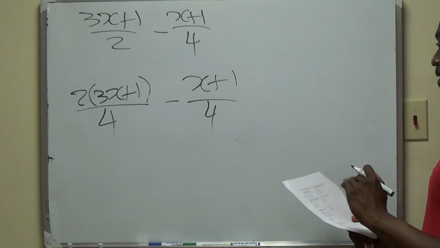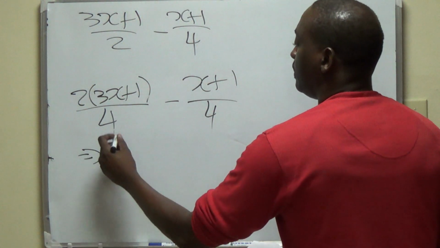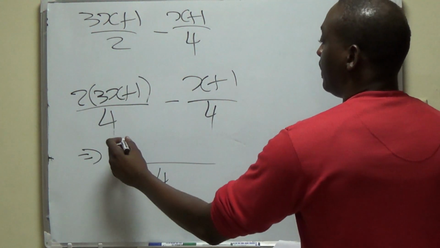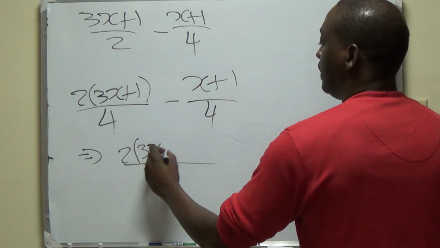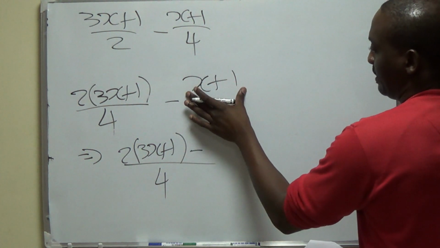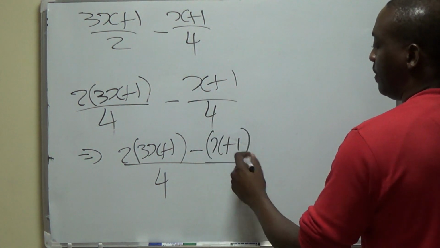So that what we will have here now would be that this is equal to, everything will be over 4 now, right? So you will have 2 into 3x plus 1 minus, put everything in brackets now, x plus 1 over 4.